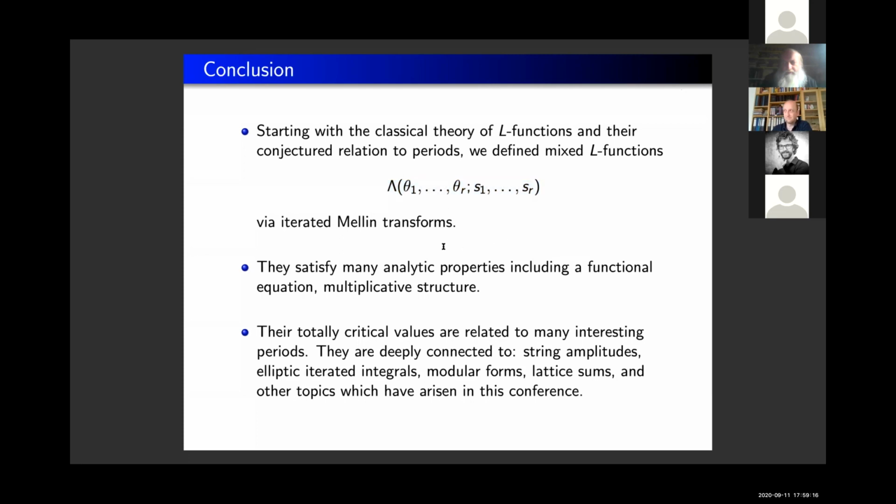Now, I should say, I have no idea whether this is the right thing to do. If you take motives of rank 4 or higher, I have no idea whether for r bigger than 1 this is the right object or not. That's why I'm very cautious.